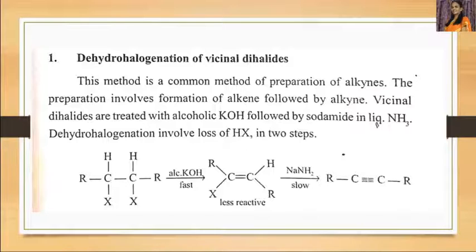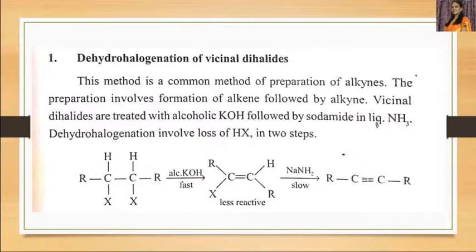Therefore, it is a vicinal dihalide. So in this method, vicinal dihalide undergoes dehydrohalogenation in two steps to finally form an alkyne. In the first step, alkene is produced, and in the second step, we get an alkyne.